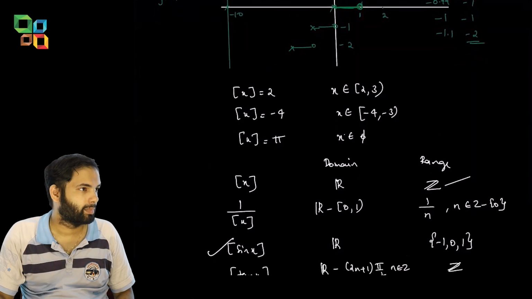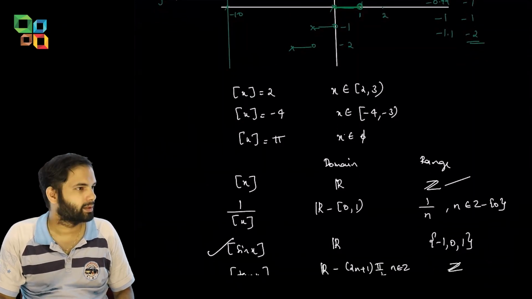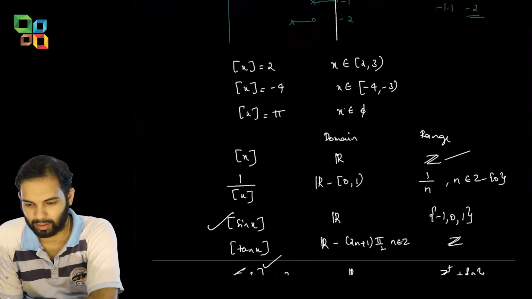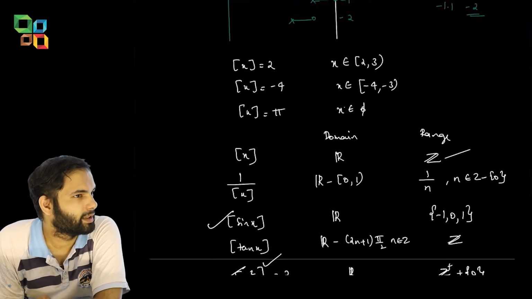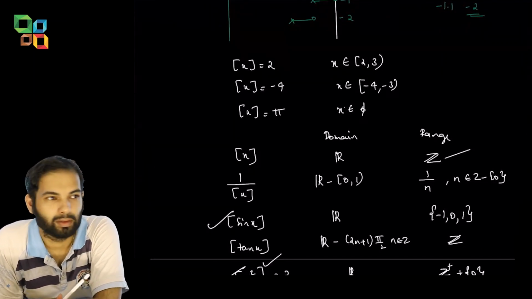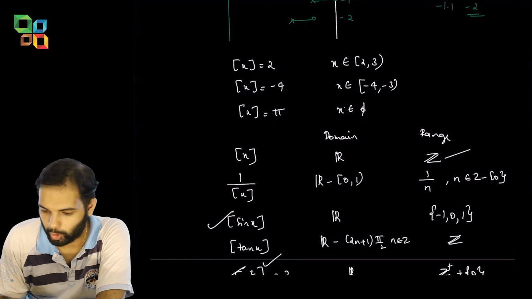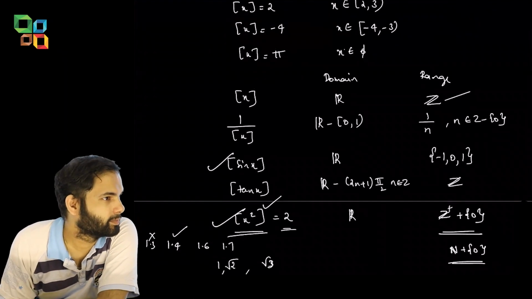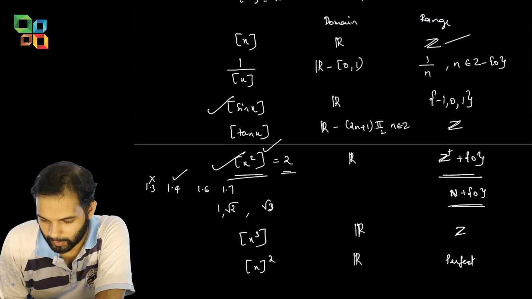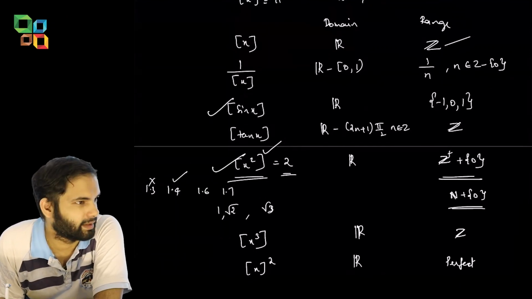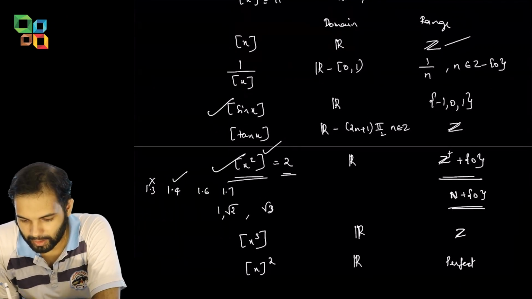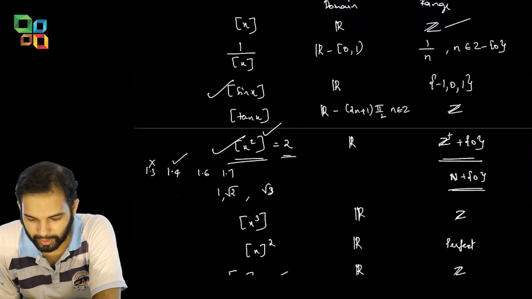Got it. Okay. Any other specific doubts here? 2 root 3. This one. You're not clear with that. Okay. So did you understand this?